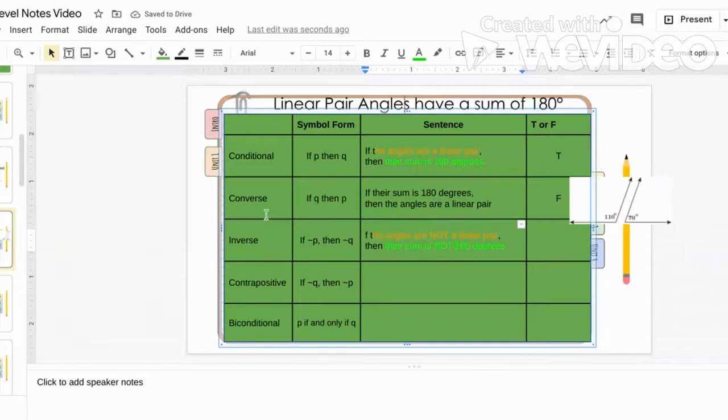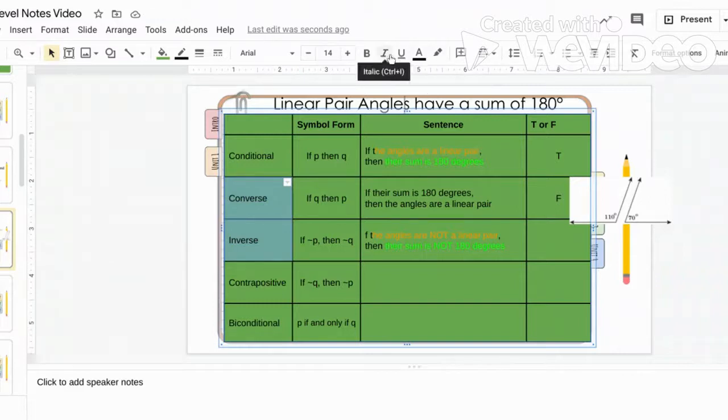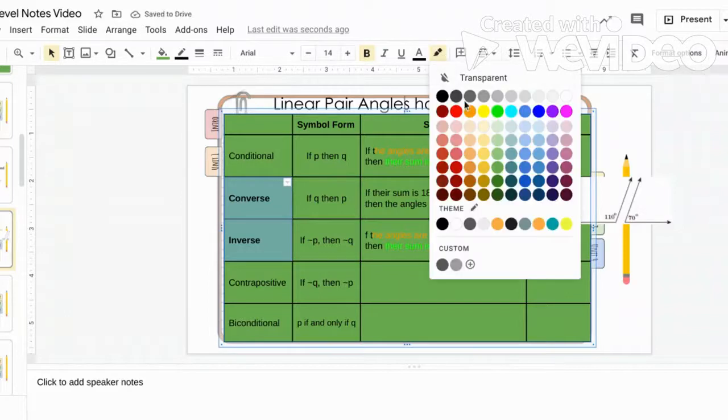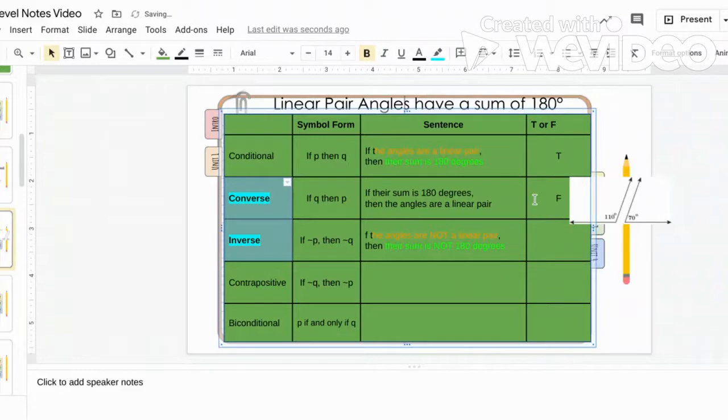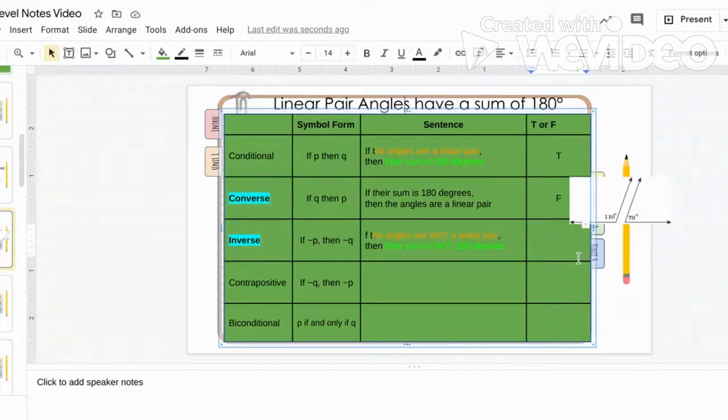Well, if you remember yesterday, we talked about how the inverse and the converse have to have the same truth value. So the deal is, since the converse was false, the inverse is also going to be false.